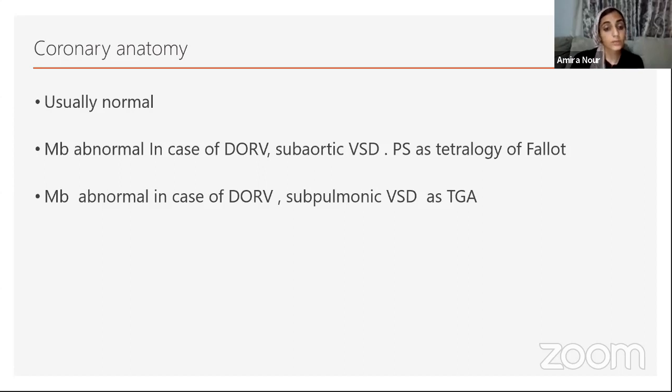Also the coronary anatomy may be abnormal in case of DORV subpulmonic VSD or Taussig-Bing anomaly, with the same abnormalities as we can see in patients with DTGA. However, coronary anomalies are more commonly seen in patients with DORV subaortic VSD pulmonary stenosis rather than tetralogy of Fallot, and in patients with DORV subpulmonic VSD rather than those with TGA, as for example, the great vessels may arise side by side, and this may be associated with much more coronary anomalies.